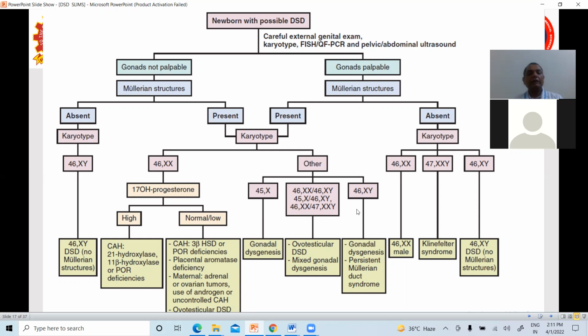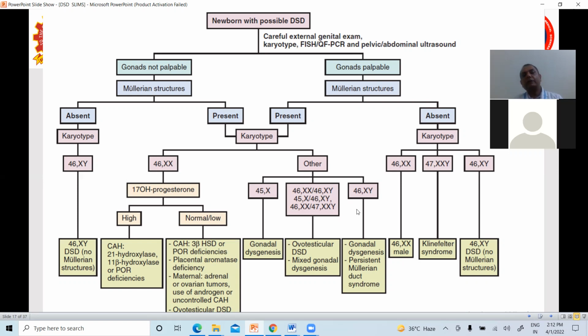If the antenatal exposure to androgen occurs between 8 to 14 weeks, both the genitalia development and differentiation will be affected. So the external genitalia will be virilized and ambiguous genitalia will appear.